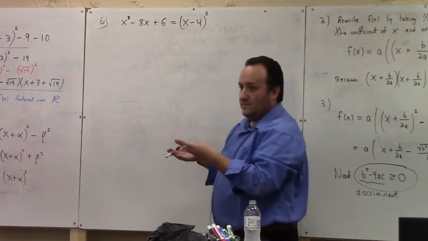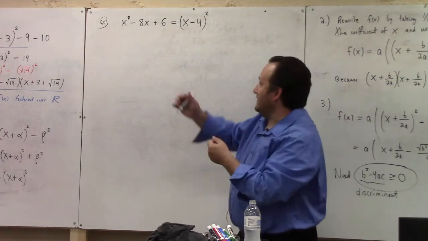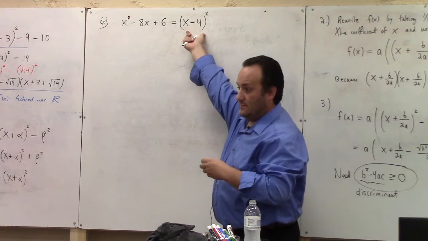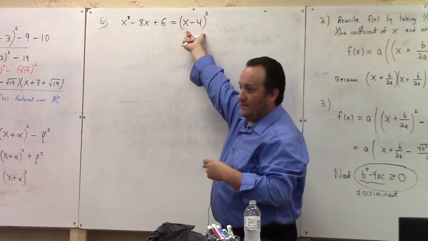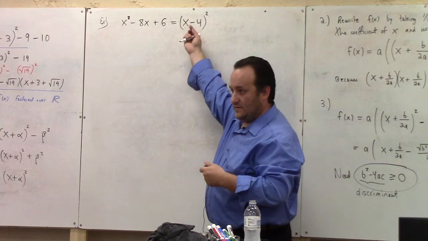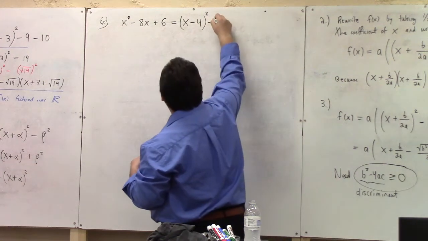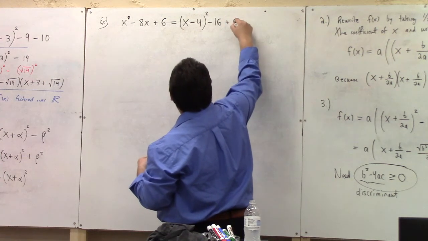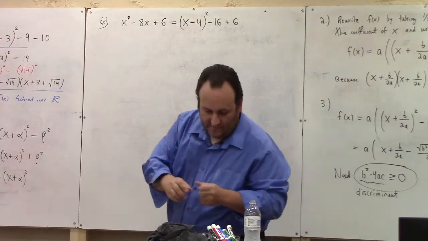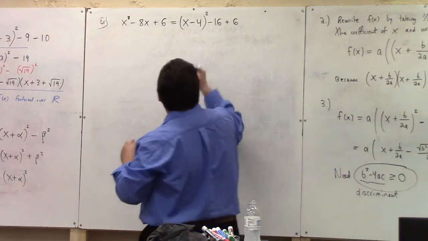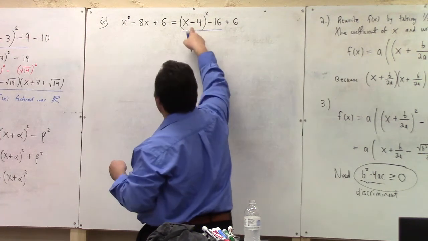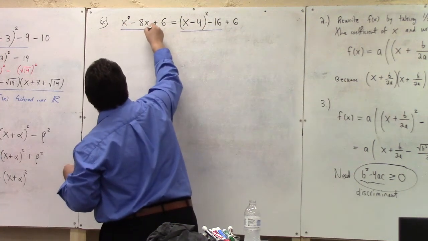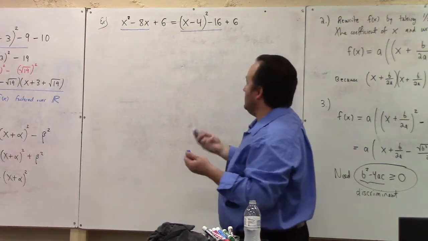By doing that, writing this term, what have we effectively done? We've just added 16. So to be fair, I must subtract 16. Just to emphasize again, if you multiply x minus 4 squared out and subtract 16, you get exactly back these two terms right here. And that 6 just rides along.